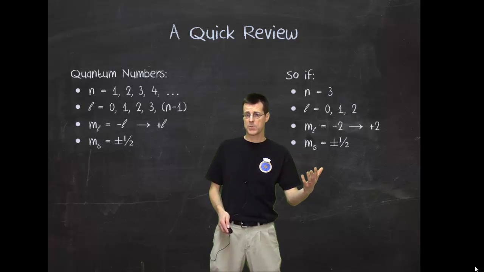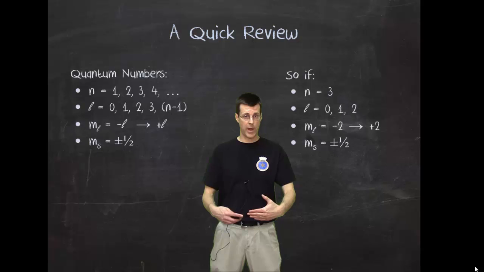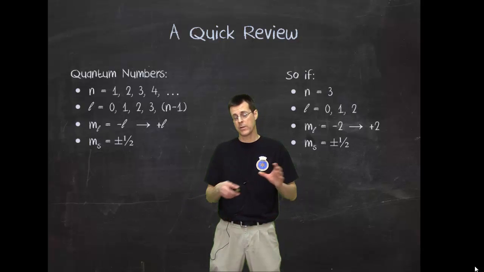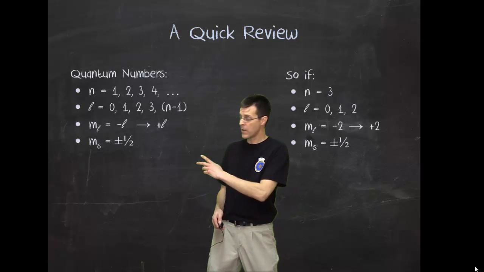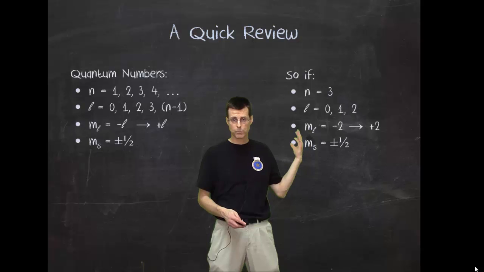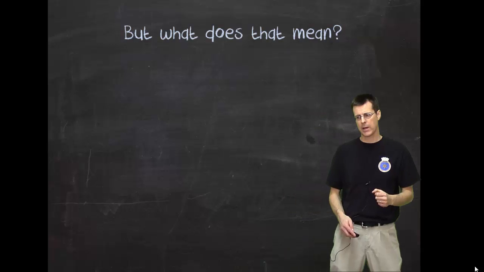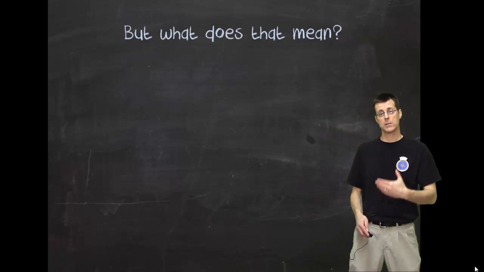And this is something that Bohr understood as well. Bohr had the problem he couldn't predict that and how it filled, but Bohr knew that there were 18 electrons possible in the third energy level. So that means I need to take these quantum numbers and I need to generate 18 possibilities out of that, because every electron has its own set of numbers.